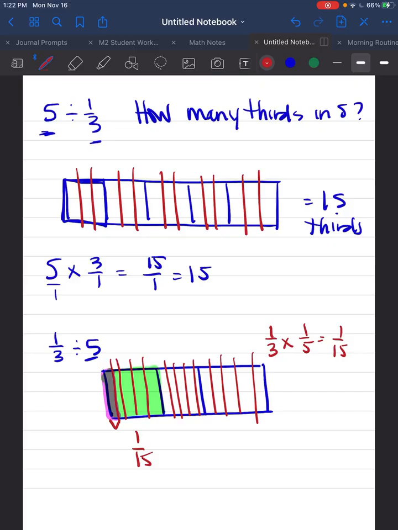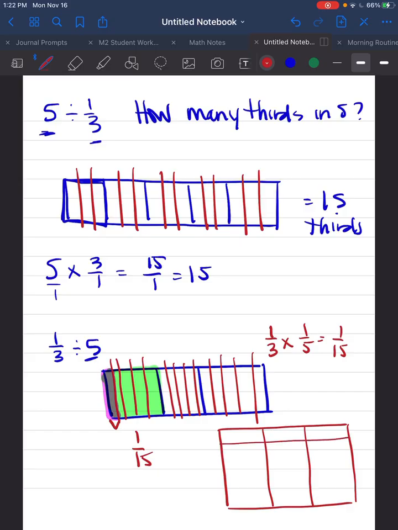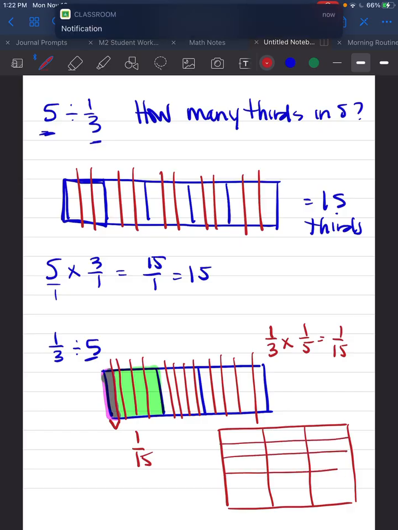Another way you could draw this model that some of you liked is doing your multiplication square. So I'm going to have a bigger rectangle, and I'm going to have this be thirds. And then going the other direction, I'm going to divide each third into fifths. 1, 2, 3, 4. And I forgot to shade my third, so let's shade my 1/3.